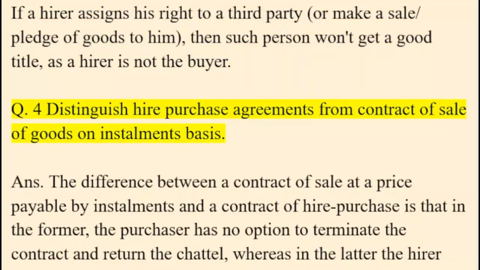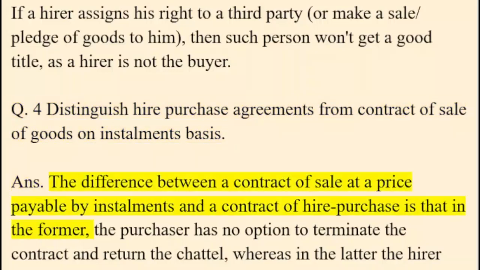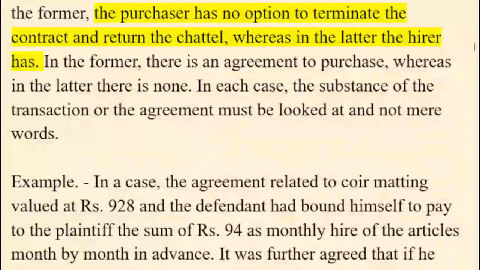Q. 4. Distinguish hire purchase agreements from contract of sale of goods on installments basis. Ans. The difference between a contract of sale at a price payable by installments and a contract of hire purchase is that in the former, the purchaser has no option to terminate the contract and return the chattel, whereas in the latter the hirer has.